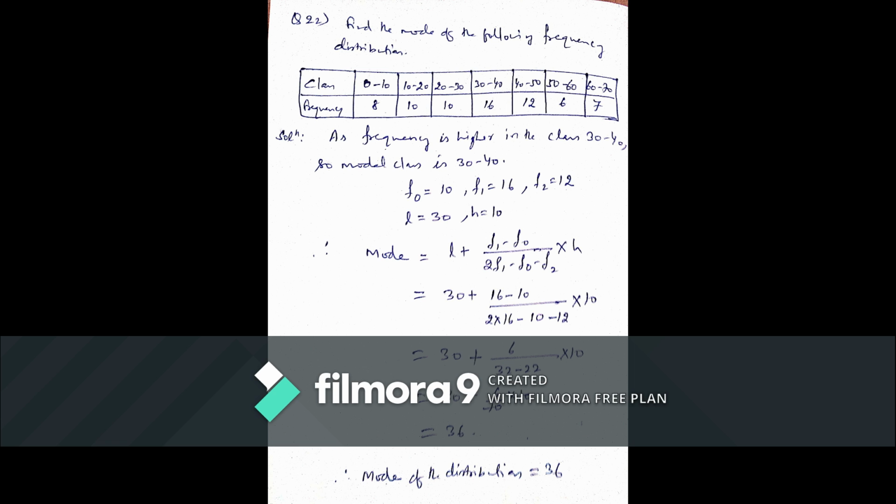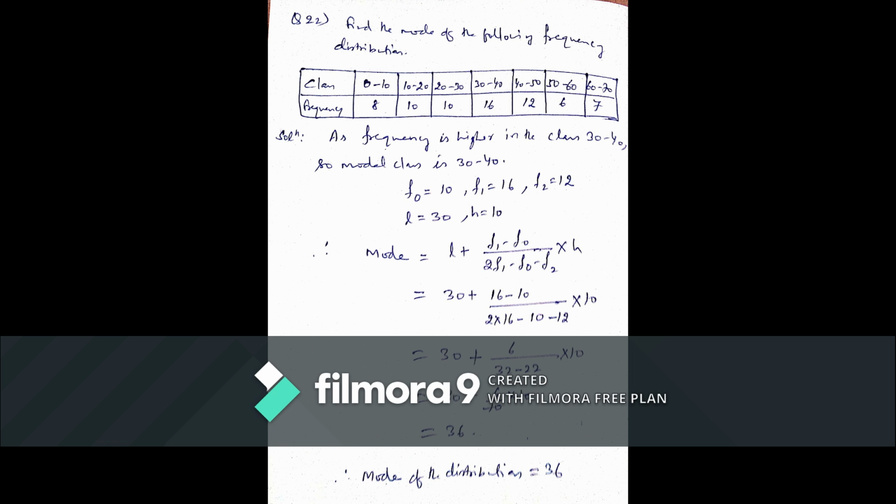In the modal class, F0, the frequency of the preceding class, is 10. F1 is 16 in the same class, and F2 is 12. The lower limit of the modal class, L, is 30, and H is the difference between the upper limit and lower limit of the class, which is 10.